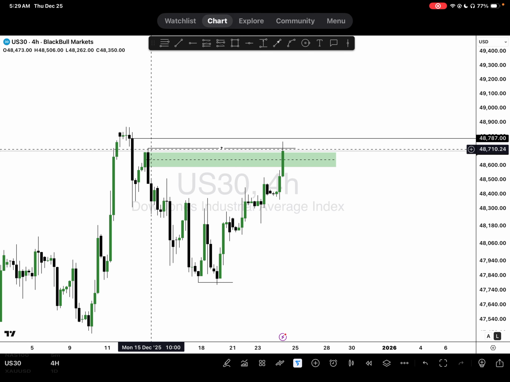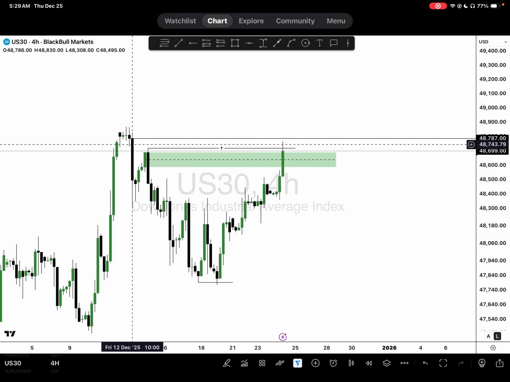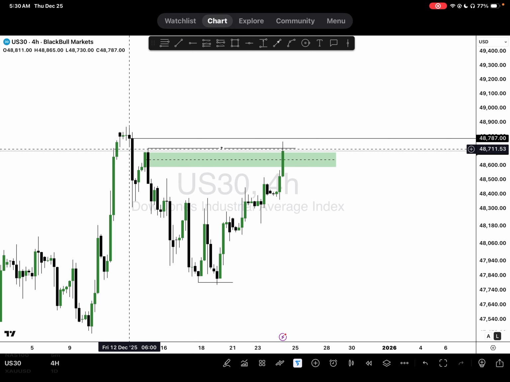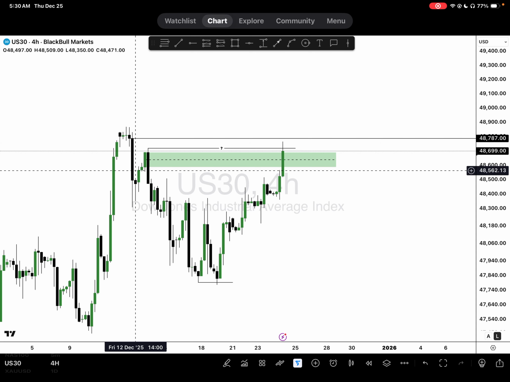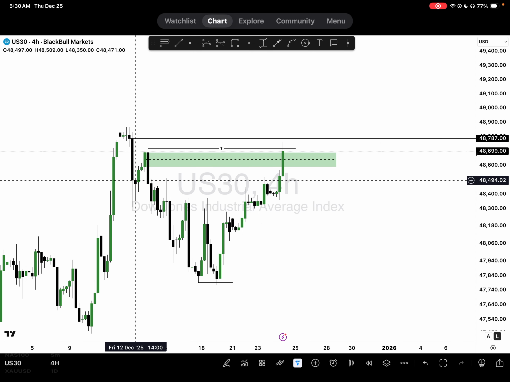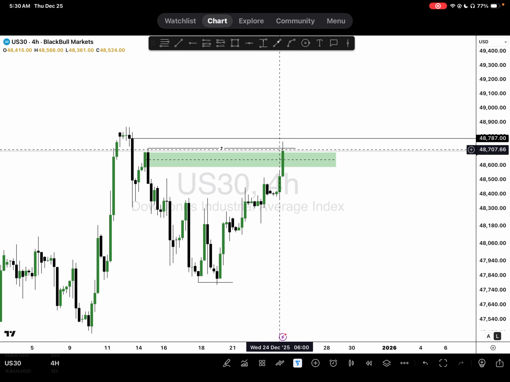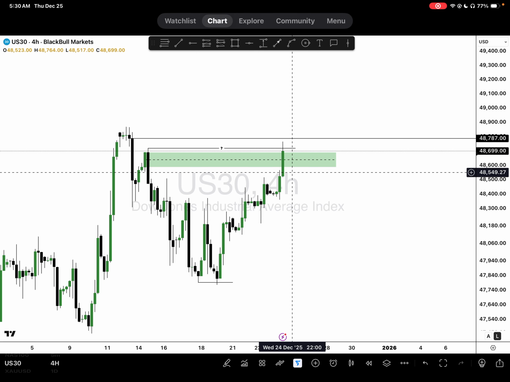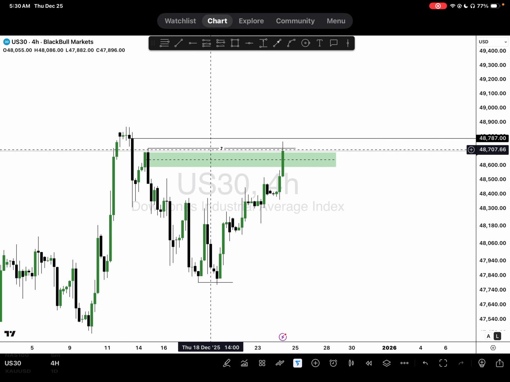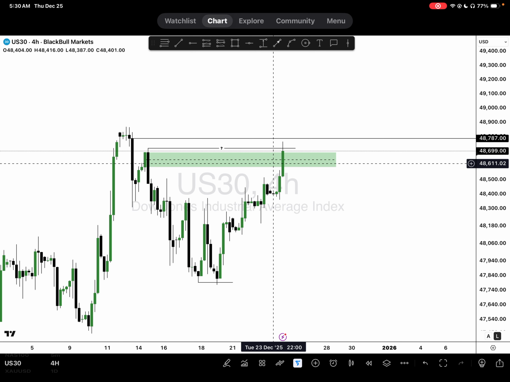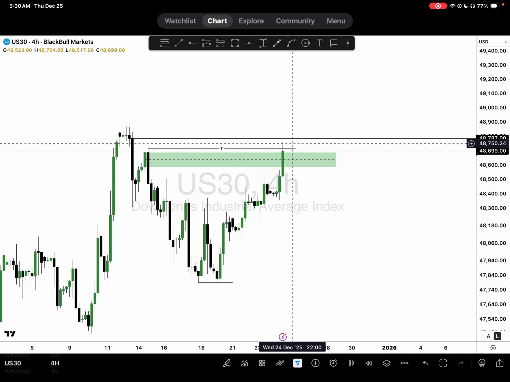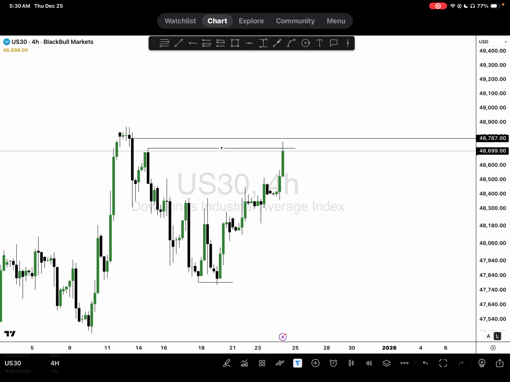And so now I'm seeing this as a potential draw on liquidity and mitigation of the complete price gap that was generated from here to here. And so now what I would be looking for is counter trend price to draw liquidity from this high and then move lower. And pro trend is just a continuation to take out this high and then see what happens from there.